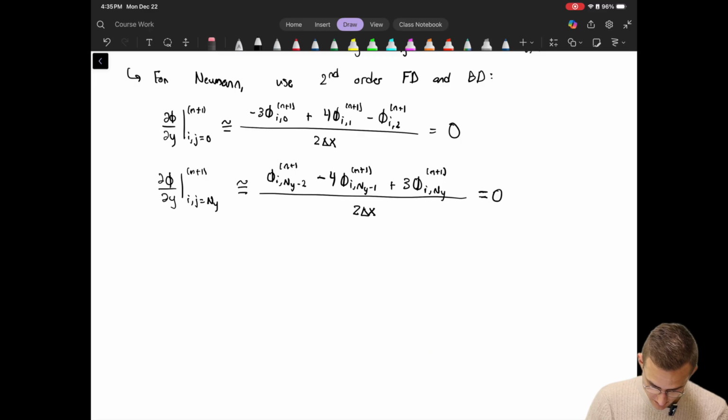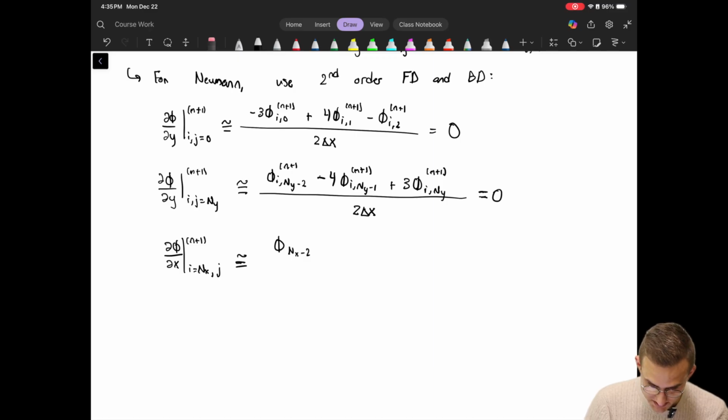Then we have the last boundary condition, which was the right-hand side boundary condition. We'll do this one at n+1 as well, but this is i equals nx now. xj, and that thing is approximately equal to the following. It's literally the same general form as the equation above it, but we're changing the x indices now.